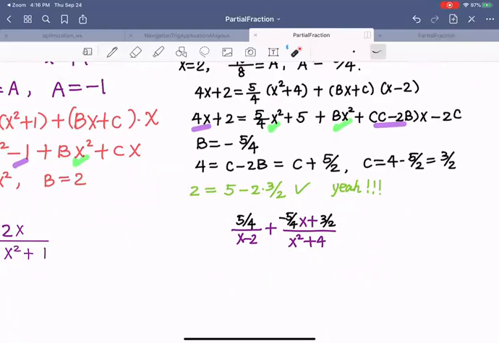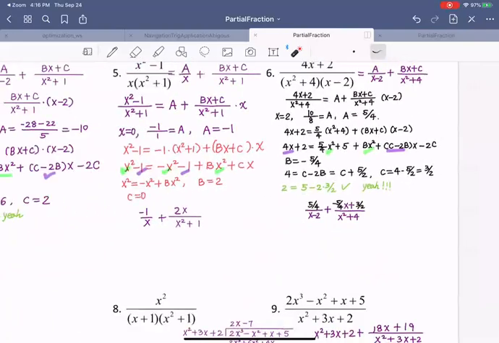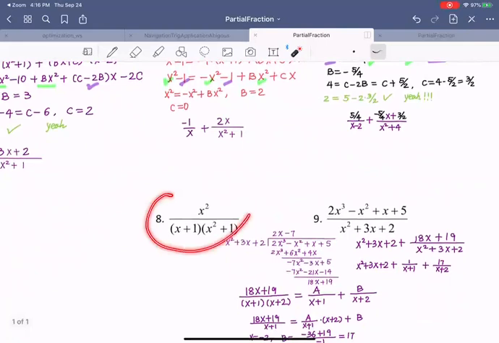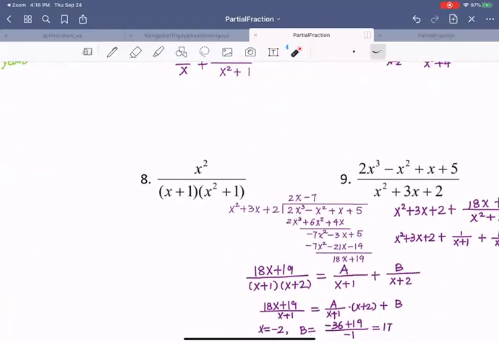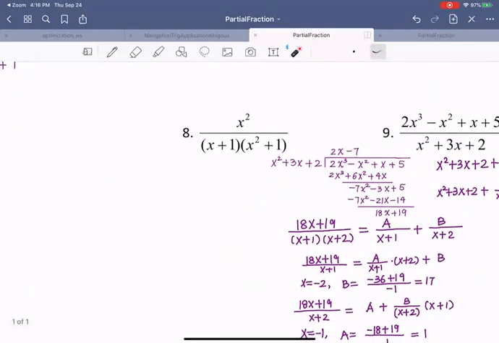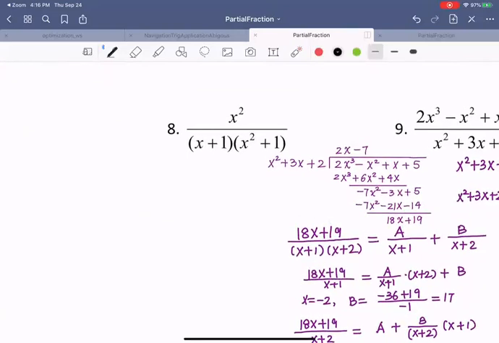Make sense? Okay. Now we can do number 8 also. Let's try number 8. You can try by yourself. You always put a over x plus 1 first, and then bx plus c as the second, because this denominator is to the second order.